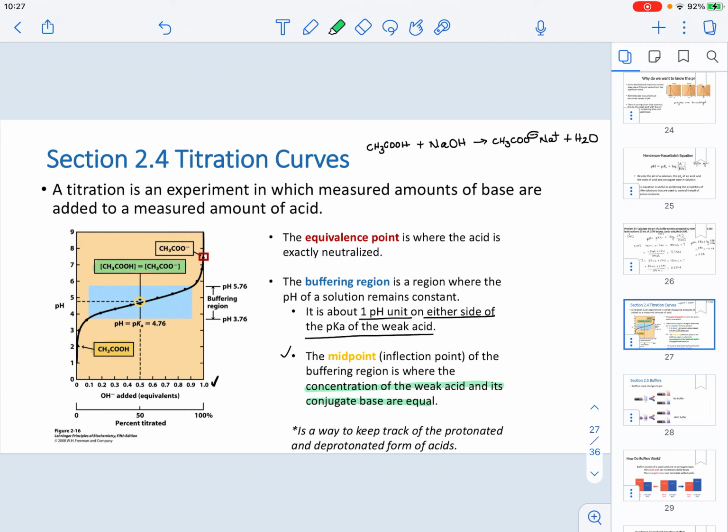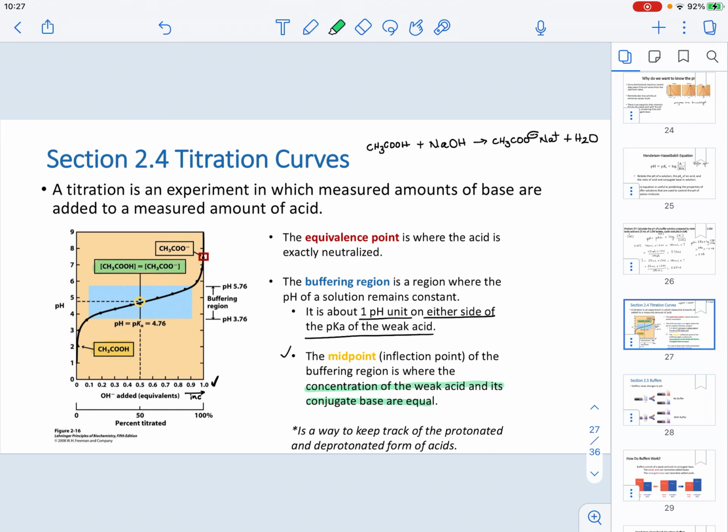Now, understand that as the titration keeps on occurring, as we increase the amount of base added, we are going to reach a point that is called the equivalence point. The equivalence point is specifically where the acid in the system is exactly neutralized.